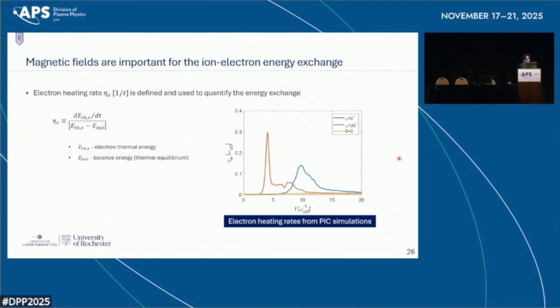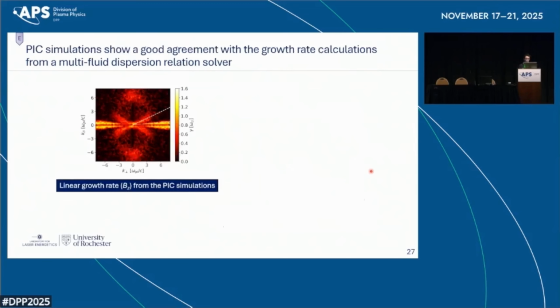On the right, I'm showing you the simulation result, the electron heating rate from 3 simulations. You can see the magnetized case has a much larger electron heating rate than the unmagnetized case. The unmagnetized case has a very, very small electron heating rate.